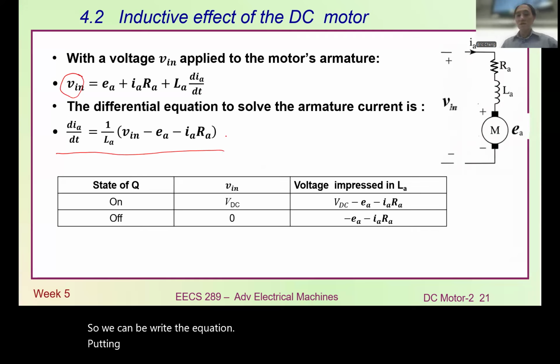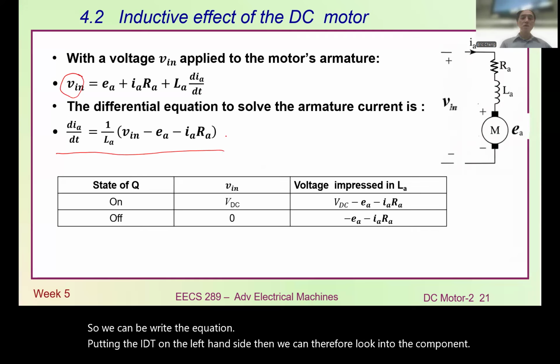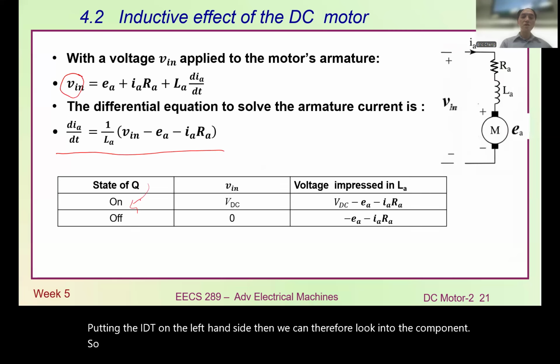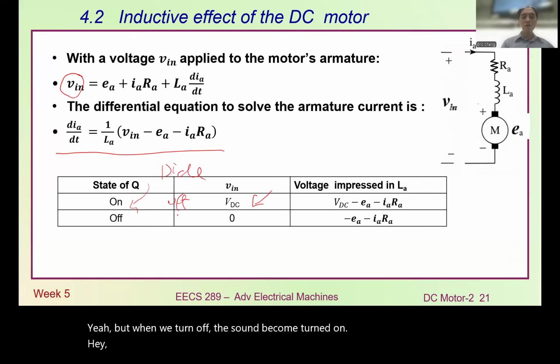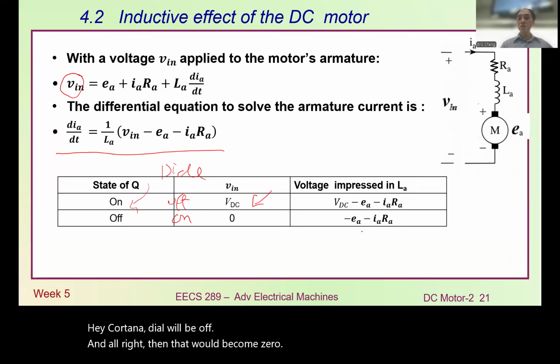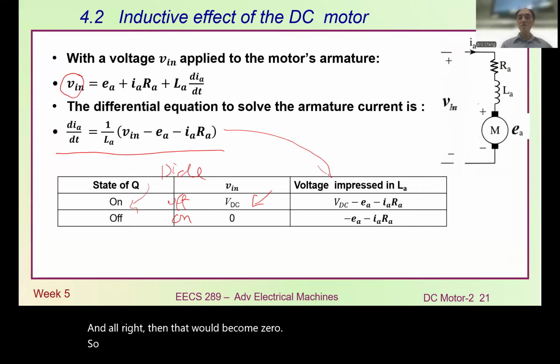Then we can look into the components. When the transistor is turned on, the voltage vin here is equal to VDC. But when we turn it off, the diode becomes turned on. If you're putting a diode, it will be off and on, right? Then that will become 0. So this parameter we can rewrite in this configuration.